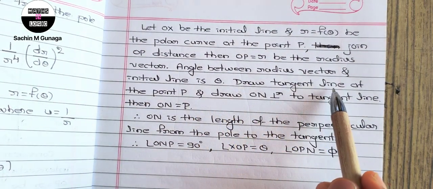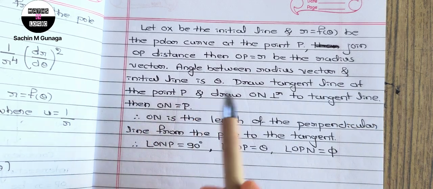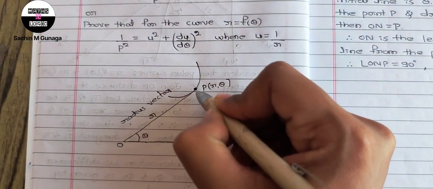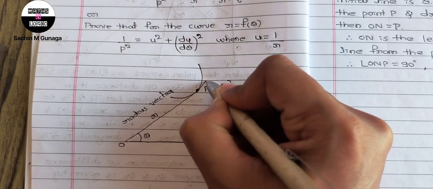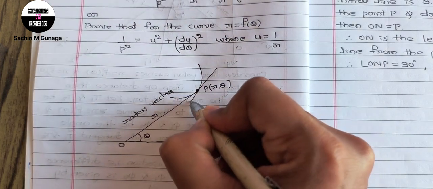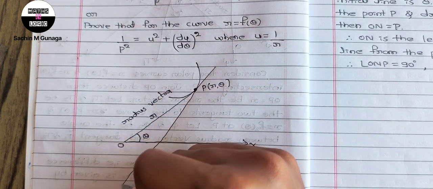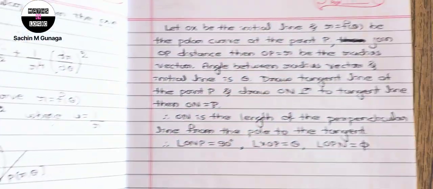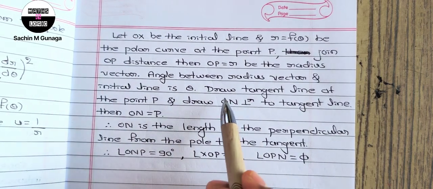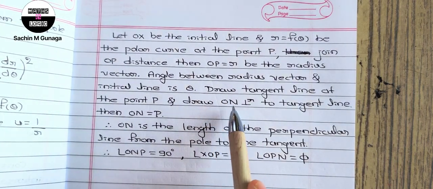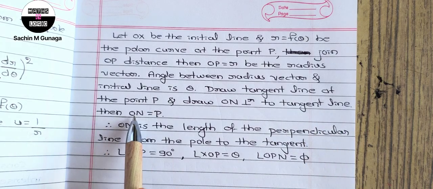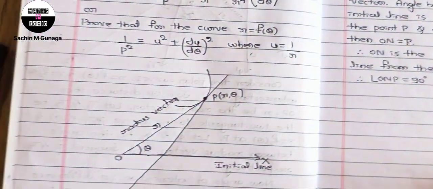Next, draw the tangent line at the point P. So this is the tangent line at the point P. Next, draw ON perpendicular to the tangent line, then ON is equal to p.